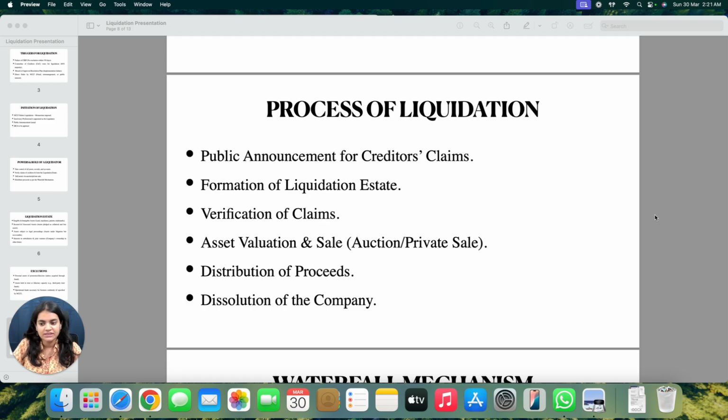All of the assets that may be liquidated are included in the liquidation estate. Now, we have seen certain exclusions in the previous session. Basically, any property belonging to either the guarantors or the directors of the company will not be included. There is another category of assets that will be excluded from the liquidation estate.